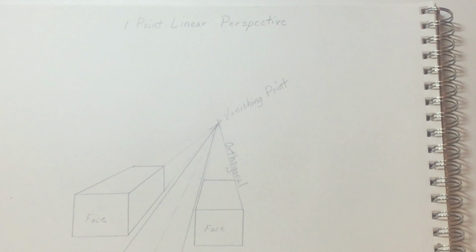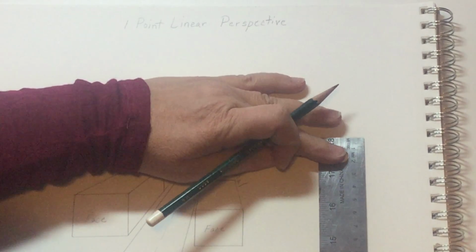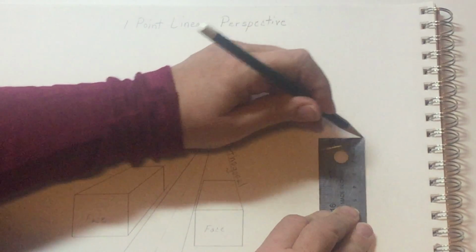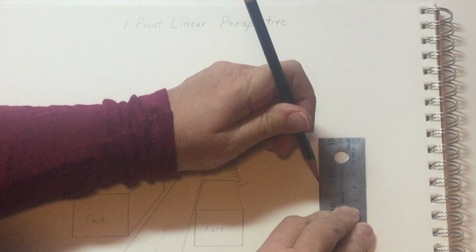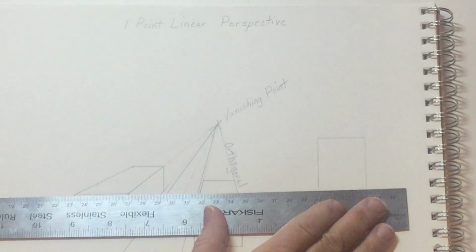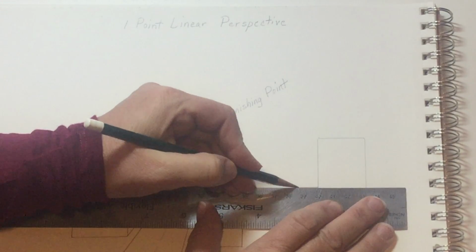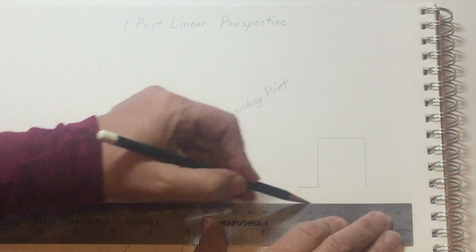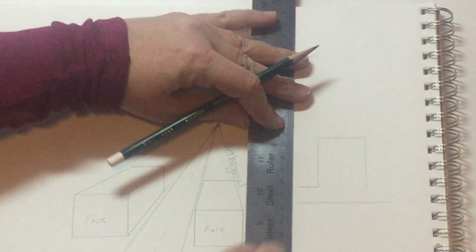You can do different shapes of buildings as well. If I wanted to do an L-shaped building, actually I could do an upside down T, it doesn't really matter.